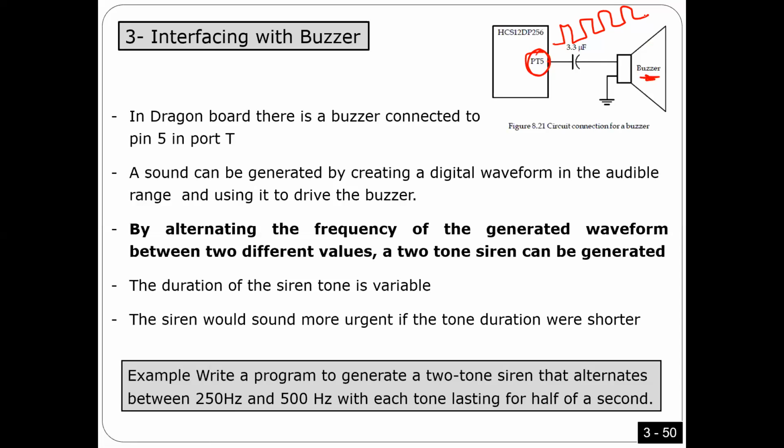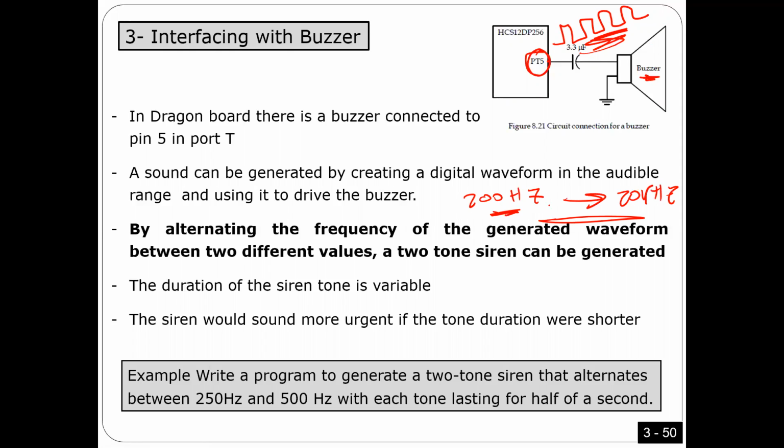However, there is one important point here. This square wave should be in a certain frequency range. Human ears can only hear a certain range. You can check online for sure, but as far as I know, it's between 20 hertz and 20,000 hertz.